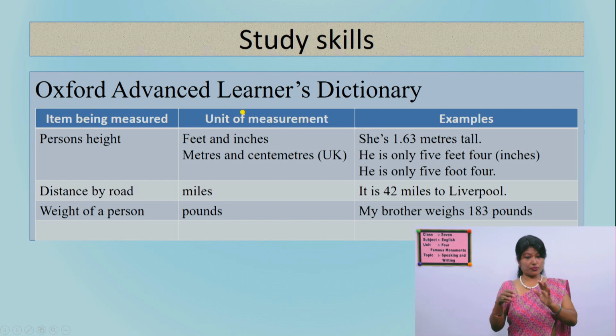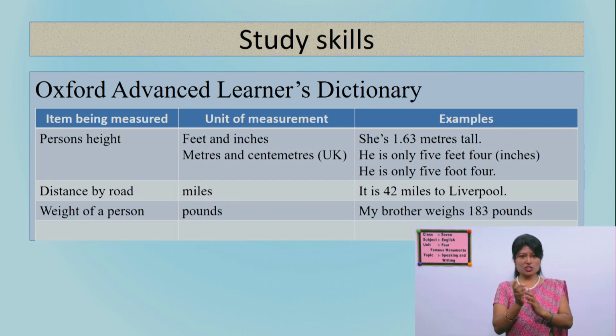In the appendix of the Oxford Advanced Learner's Dictionary, there is information about these systems: the measuring system and the metric system, and you need to consult that. I have taken some things from there about a person's height, distance by road, and weight of a person, but not everything. There are many more, and you need to explore them yourself. I hope you have the Oxford Advanced Learner's Dictionary at home, and you will consult it for further learning.